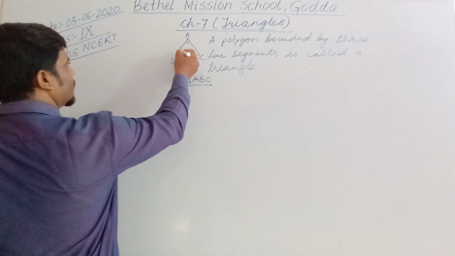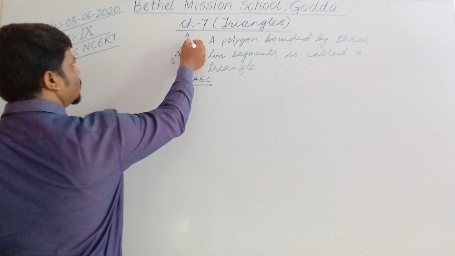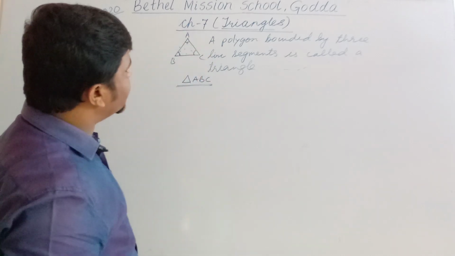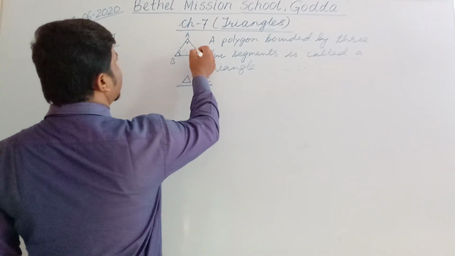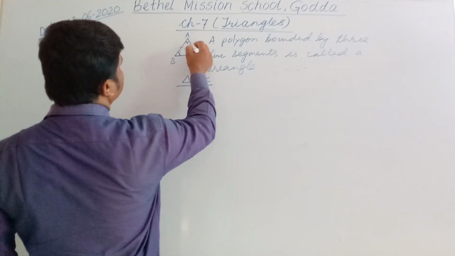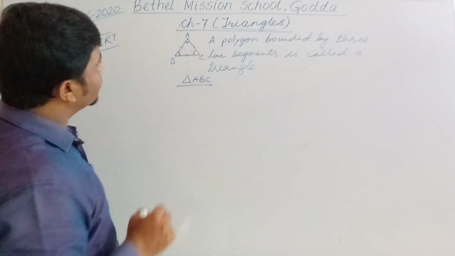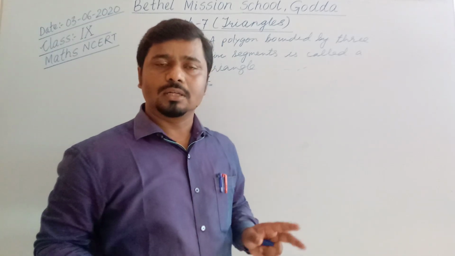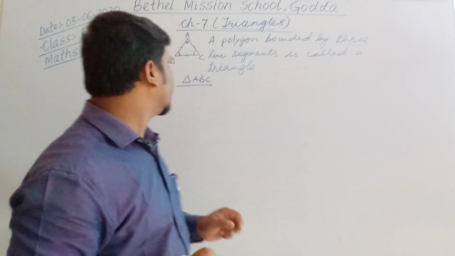Here, 1, 2, 3, 3 interior angles are there. 3 interior angles and 3 sides. These are called the parts of the triangle.